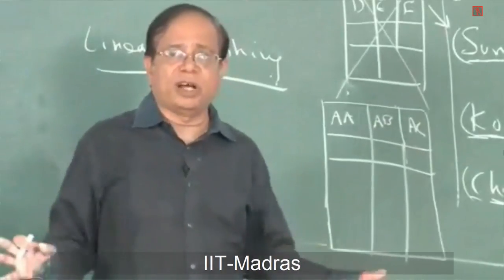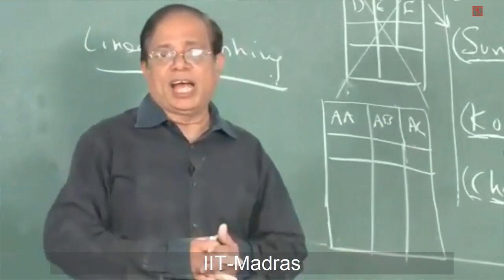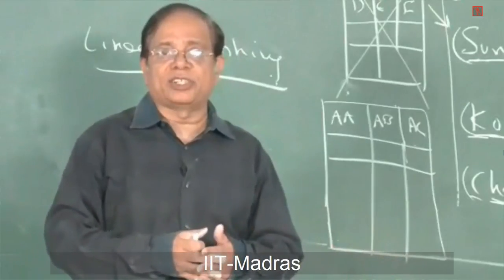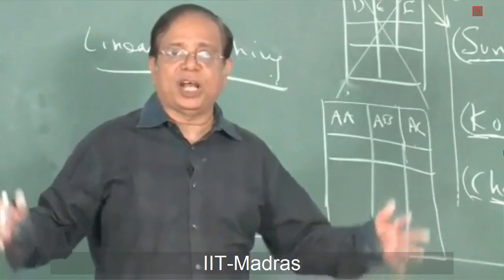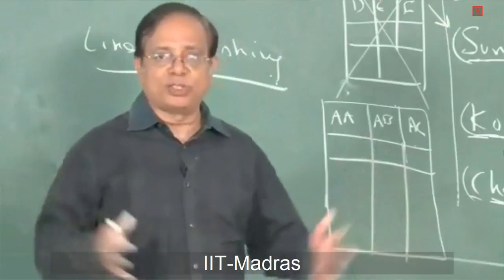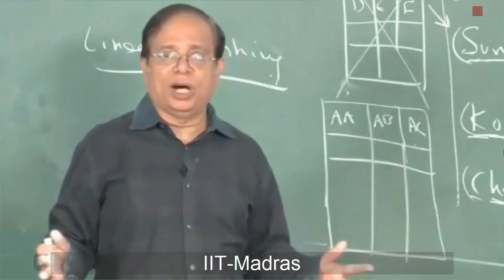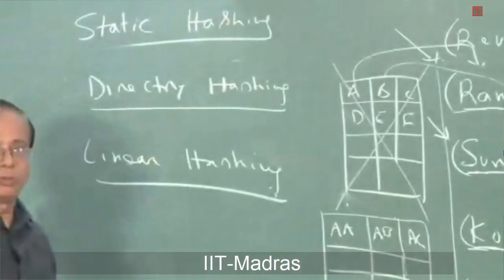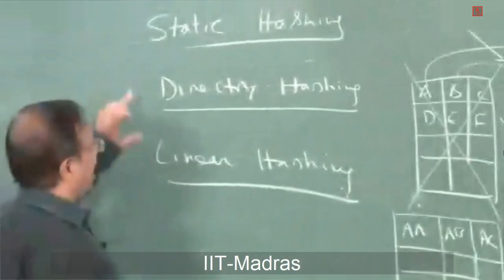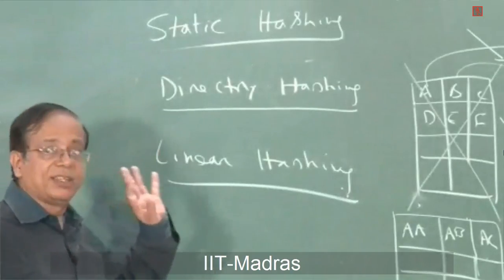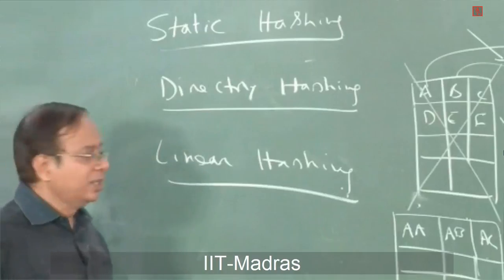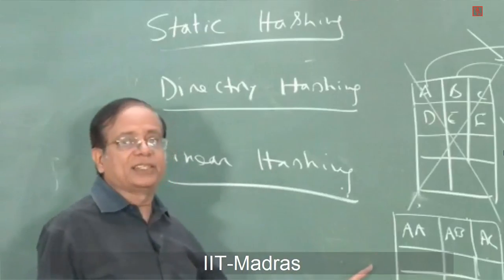So it's a question of how the hash functions are changed, progressively. When you start seeing that the overflow chains are growing, static hashing would not have handled this problem, whereas directory hashing will move to the new hash function. When you have a new hash function, it splits everything in the beginning itself.